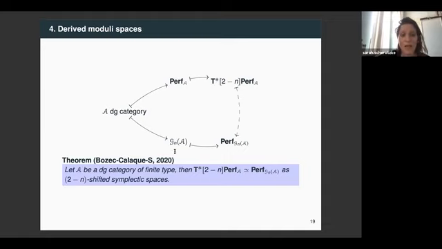You can first make it n-Calabi-Yau, which is the construction of Keller, and then you can apply perf to it, the construction of Toën-Vezzosi, and this will, by the theory of Dyckerhoff and Graf, also give you a space that is (2 minus n)-shifted symplectic. And what we've shown with Bozec and Calaque is that the spaces are actually equivalent as (2 minus n)-shifted symplectic spaces. So they're not only equivalent as derived stacks, which was known, but also their natural shifted symplectic structures are the same.